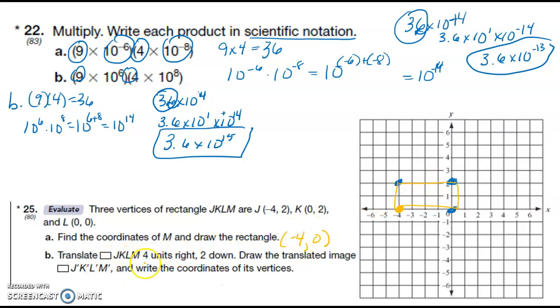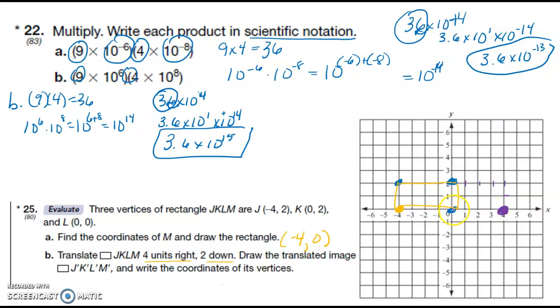And then it says translate it 4 units right and 2 units down. Draw the translated image and write the coordinates. So let me use a different color. So 4 units right. So if I take this one and I go 1, 2, 3, 4 and 2 units down, 1, 2, that's going to be my new point.